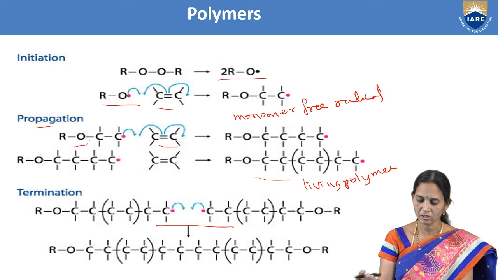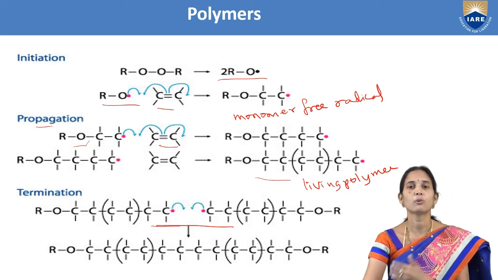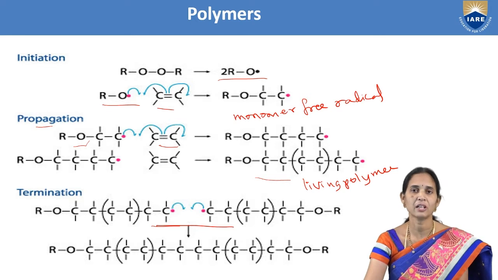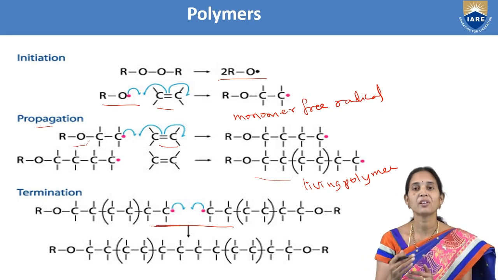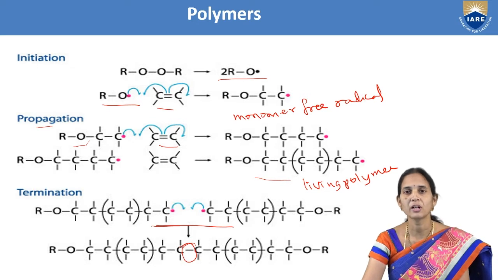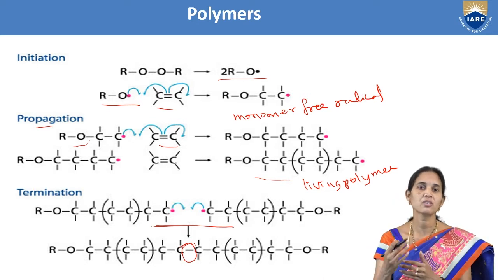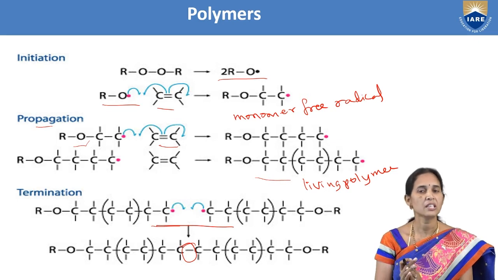When we couple two living polymer chains, we see covalent bond formation. Nothing but we are stopping the reaction in the termination step, and the polymer is obtained.